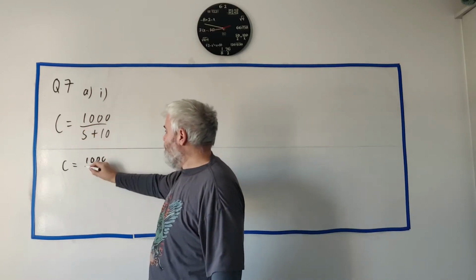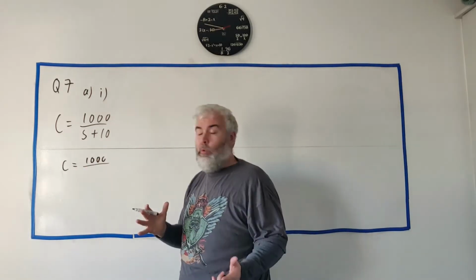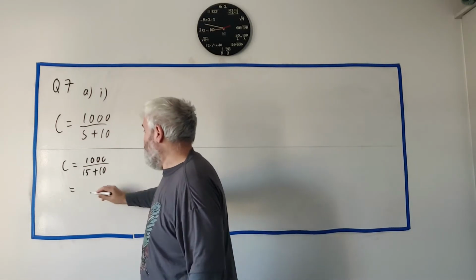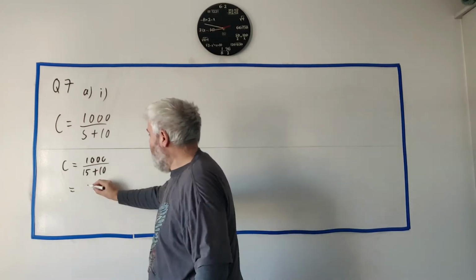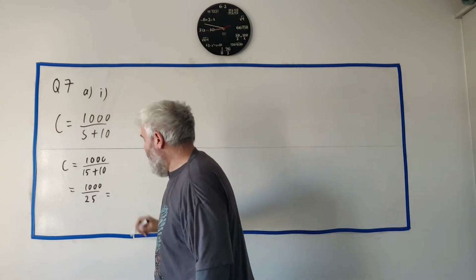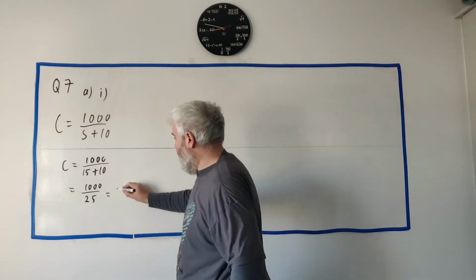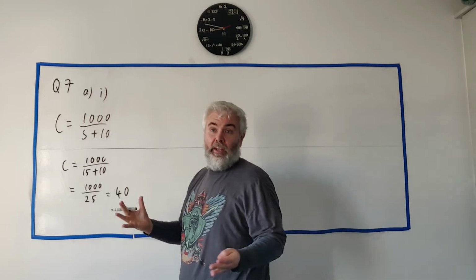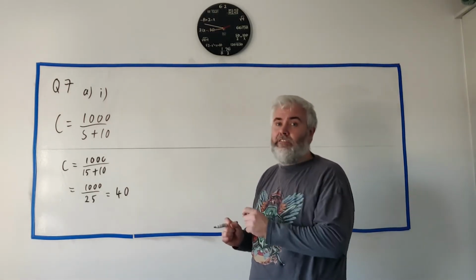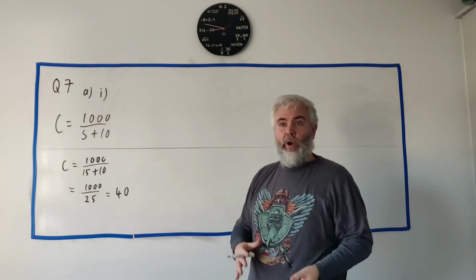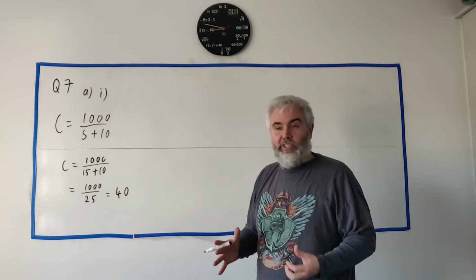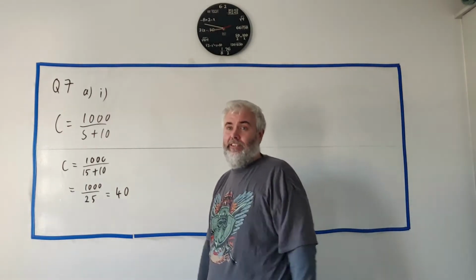Now we know what S is: S is 15, so 15 plus 10 is 25, that's 1,000 divided by 25. Use a calculator, that should go in 40 times. And that's the answer to part 1. We don't need to understand any of the science about rain runoff and how much rain soaks into land. They're just asking us the maths here.